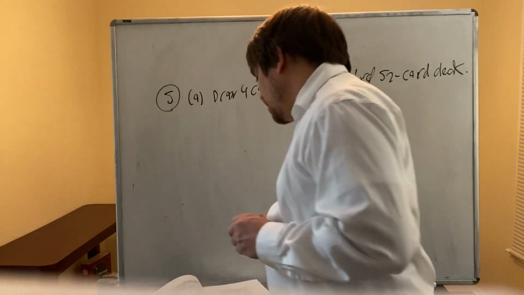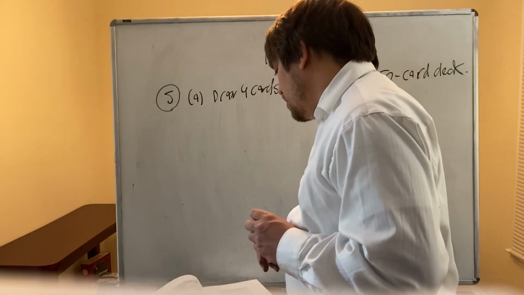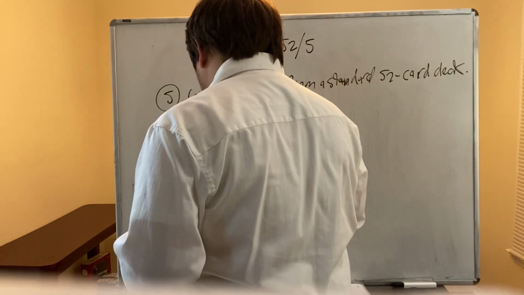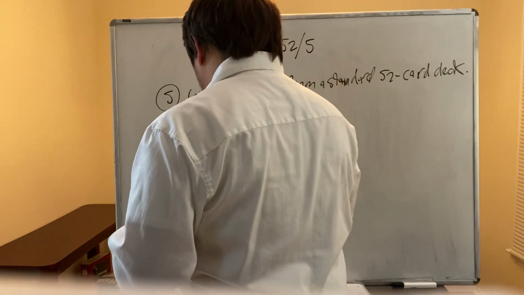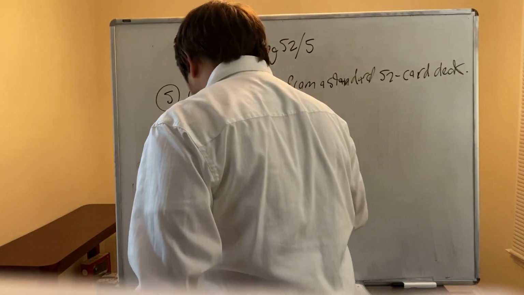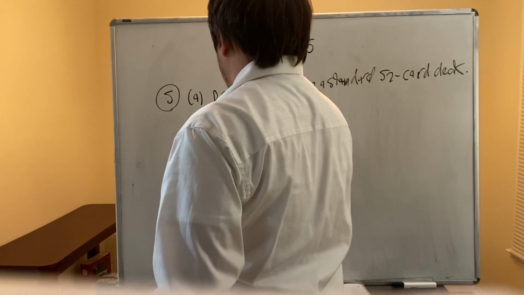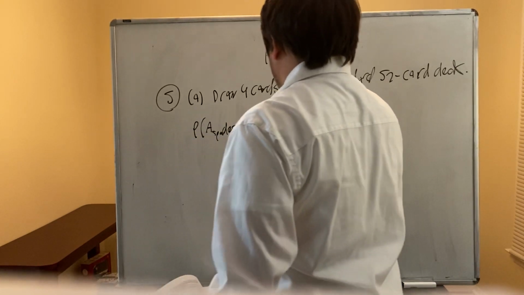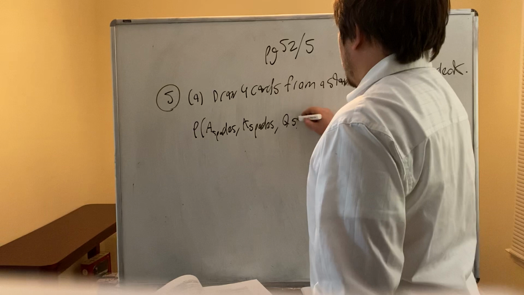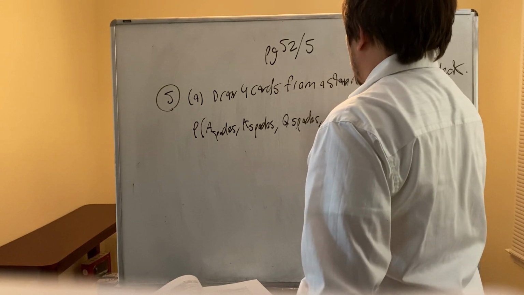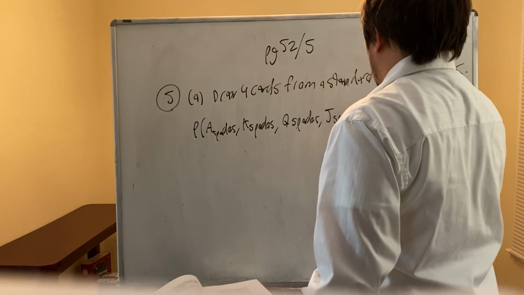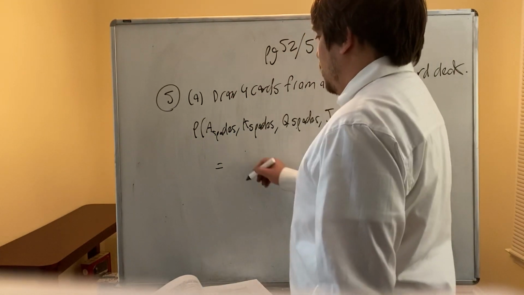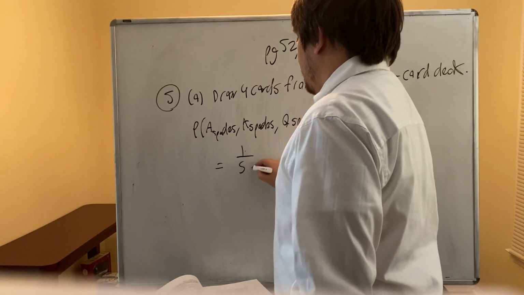There's exactly 1 ace of spades, exactly 1 king of spades, exactly 1 queen of spades, and exactly 1 jack of spades. So the probability of first an ace of spades, then a king of spades, then a queen of spades, and then a jack of spades is equal to, well, the probability of an ace of spades is 1 out of 52.